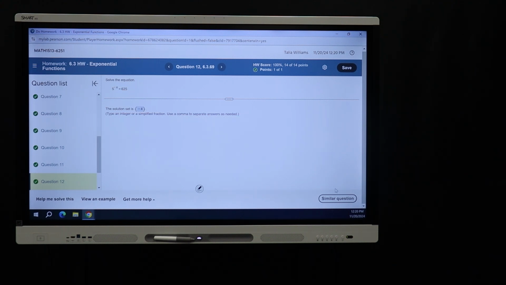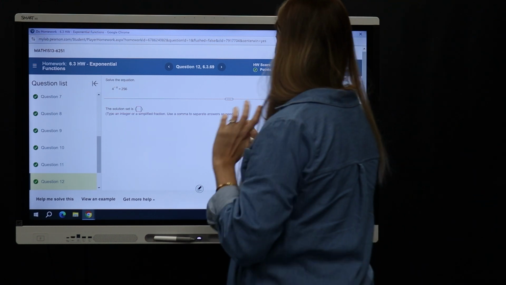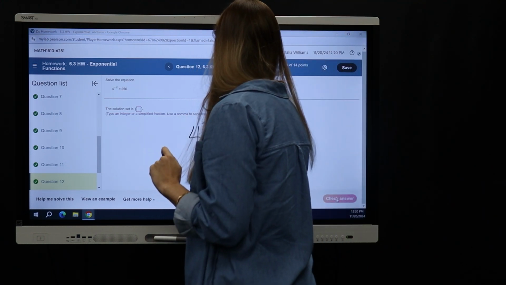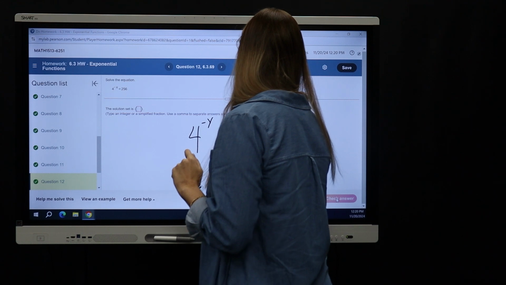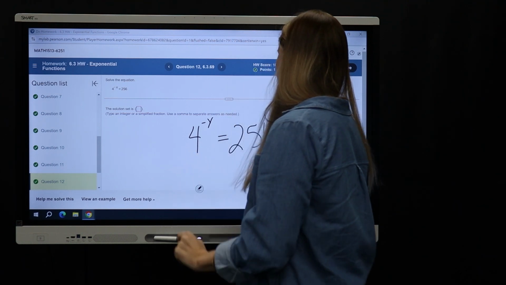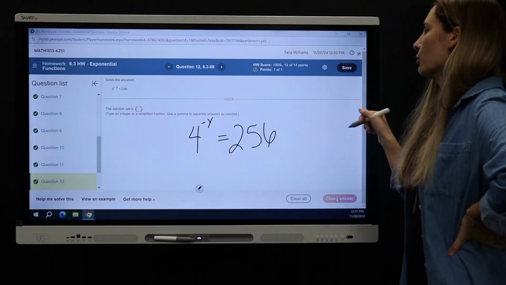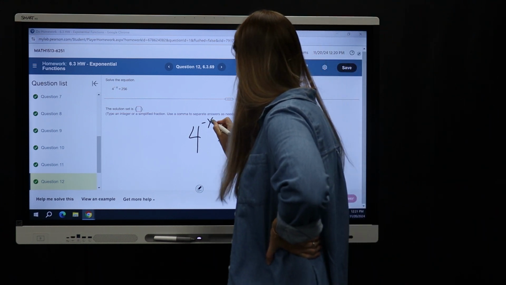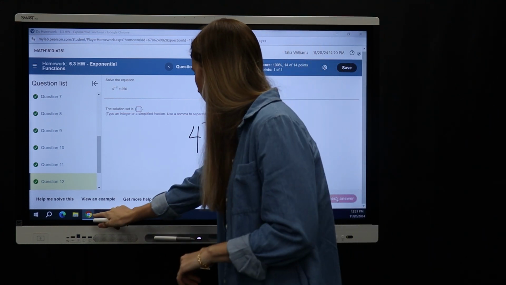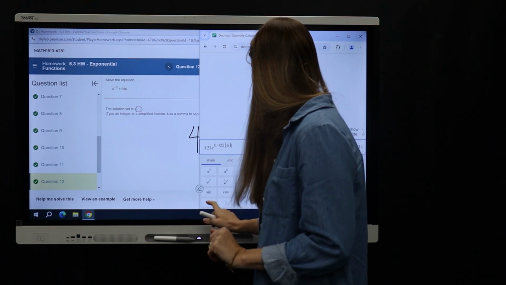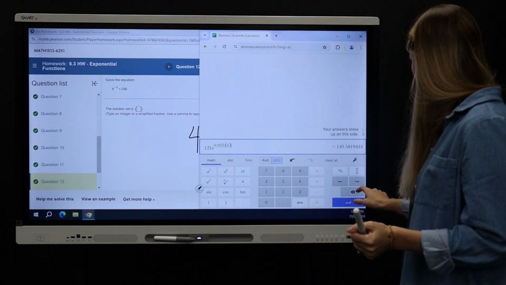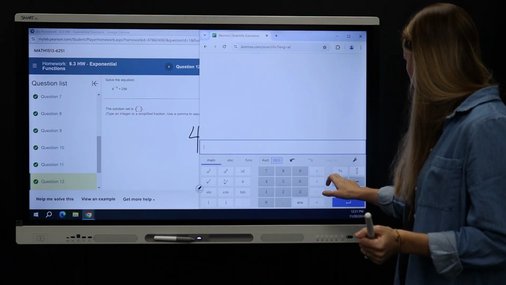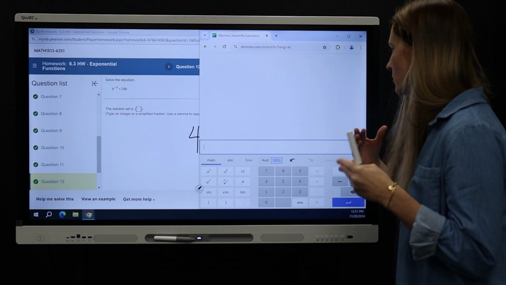Oh, similar question. So 4 to the negative x equals 256. So I need to figure out if 4 goes into 256. And my calculator should still be pulled up right here. So what I'm going to do is clear that. So I want to know if 4 goes into 256.